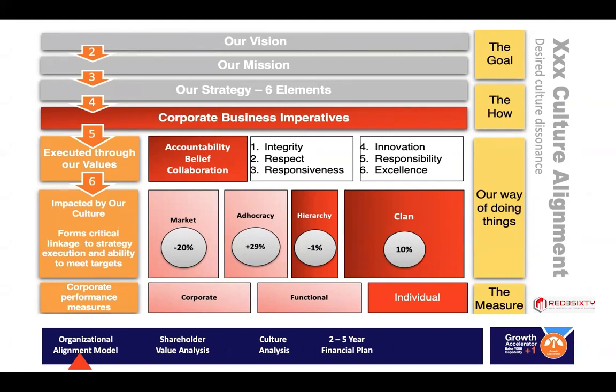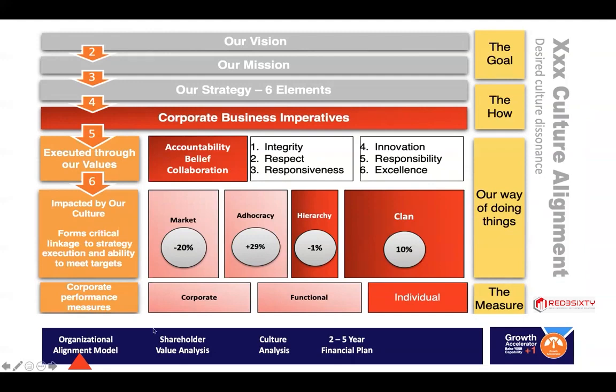In culture, we use a system which splits it into whether or not the culture is predominantly focused on market objectives, or whether it's focused on ad hocery, which is innovation, whether or not it's too hierarchical in its structure, and whether or not clan, where ultimately people are the most important, is focused on.